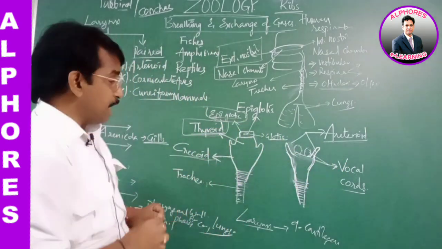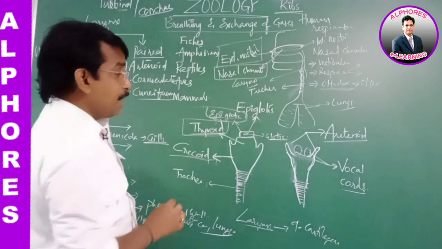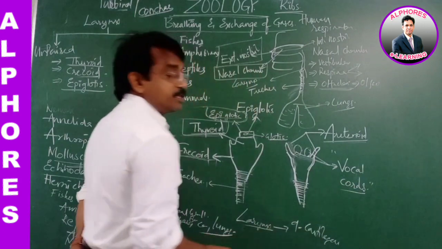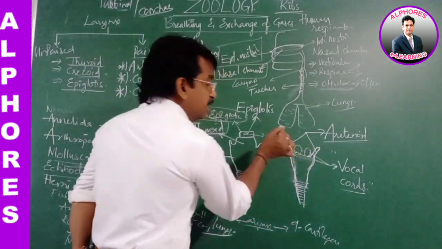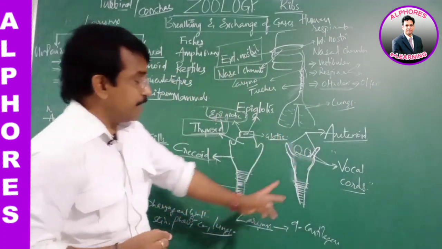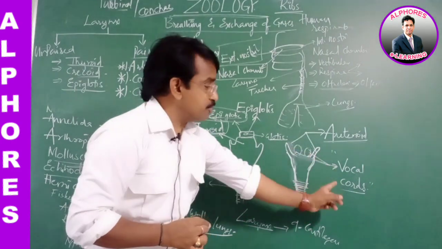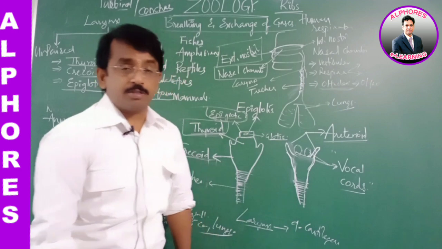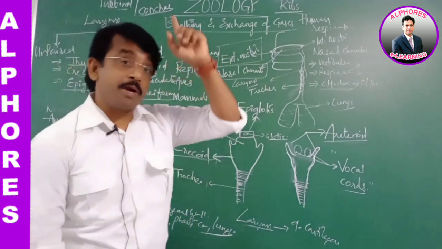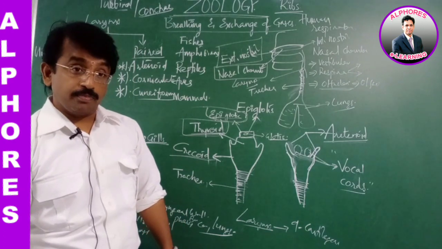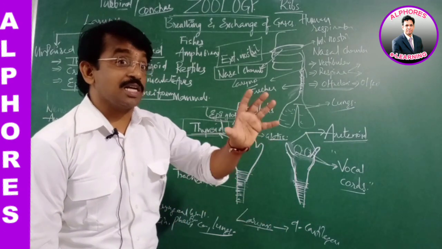Apart from that, there are fibroelastic structures, named the vocal cords, present between the arytenoid and thyroid cartilaginous plates. There is a pair of them. These vocal cords are made up of elastic connective tissue. Connective tissue I am saying, not cartilage.